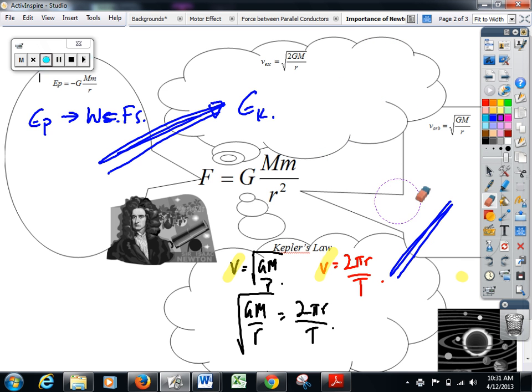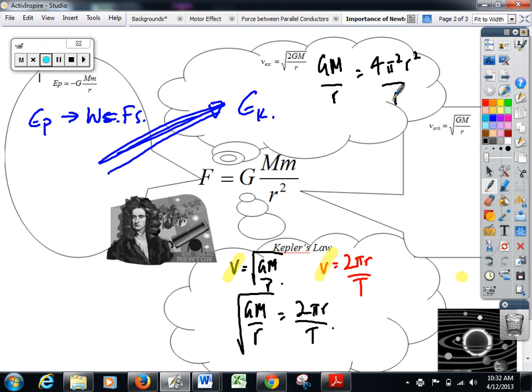By simple rearranging, by squaring both sides, we get GM on r equals 4 pi squared r squared on T squared, and then rearranging that into our normal form, we want r cubed on T squared equaling GM on 4 pi squared, which is Kepler's law.